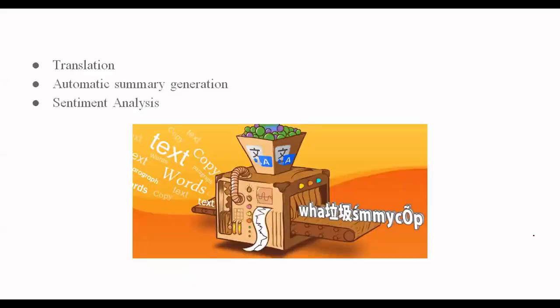It is useful for automatic summary generation, automatic classification of books, and movie trailers or movie stories are also created using these machine learning or NLP algorithms. It is quite useful for sentiment analysis to measure the feedback of the audience.